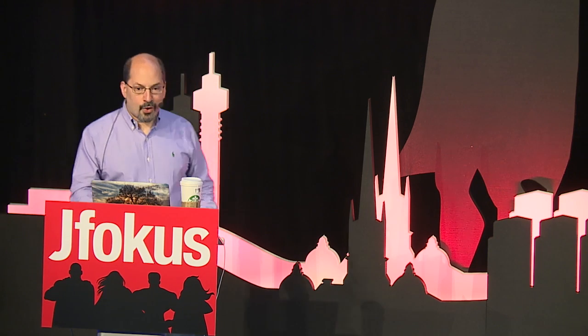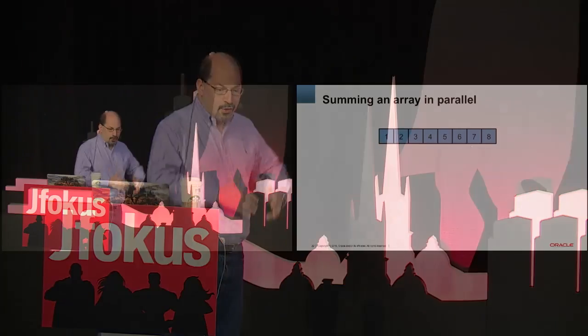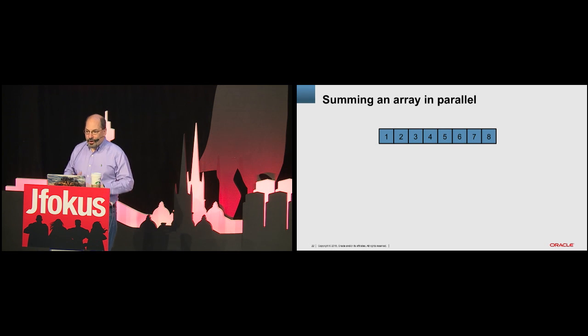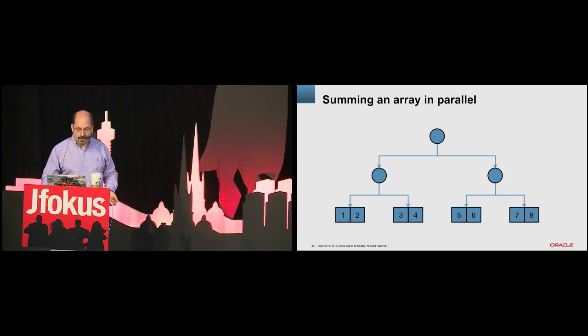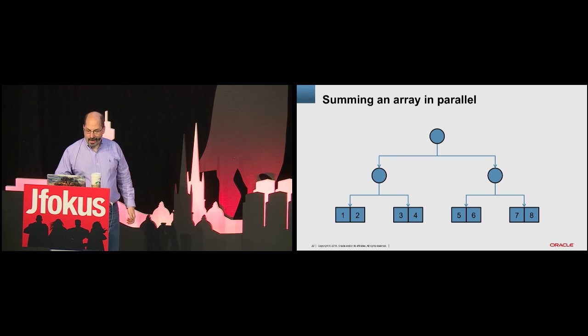Okay, so to illustrate how this actually works, imagine you've got a big array of numbers, obviously more than 8 numbers, but 8's what fits on a slide. So we're going to divide that in half. And we have 2 chunks of 4, and let's say we decide to divide that in half again, so we have 4 chunks of 2, and then independently we start adding numbers up.